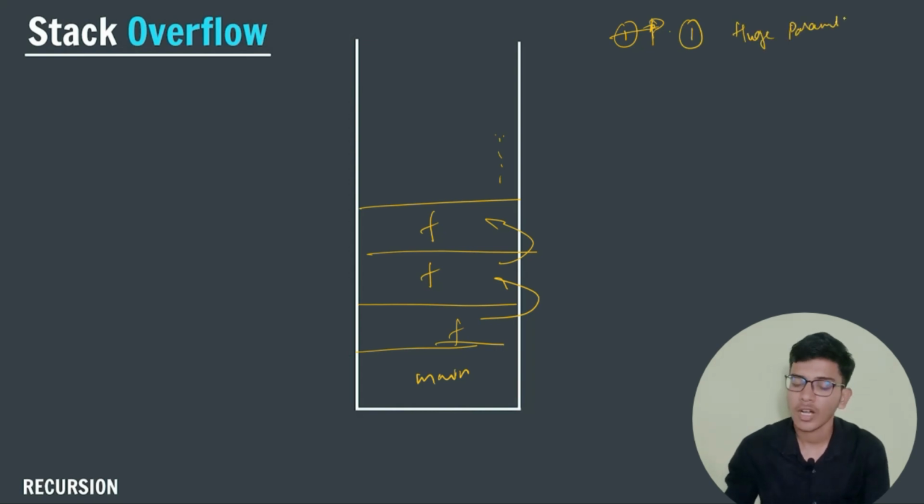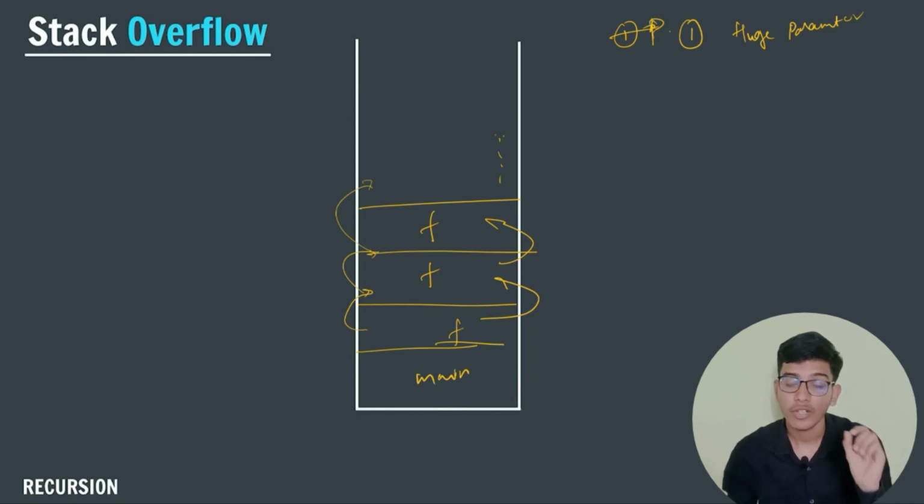If I am passing a parameter of a size like 1000 or 10,000 array elements, then at every function call this parameter is passed, right? So if I pass a huge parameter, there is a probability that I will get stack overflow.